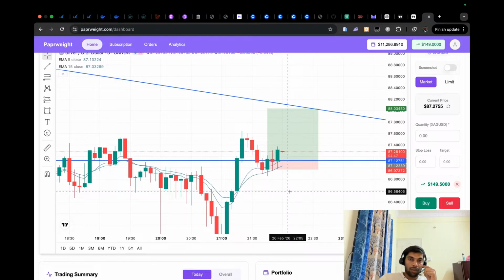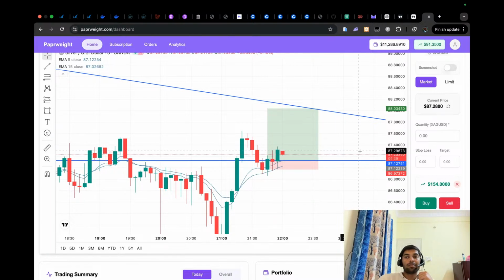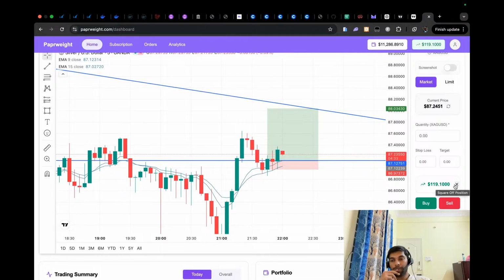The closing of the candle is good. We should sustain the candle. If it does not sustain, we'll cut straight cost to cost. No issue, and there is nothing much to lose in this trade.